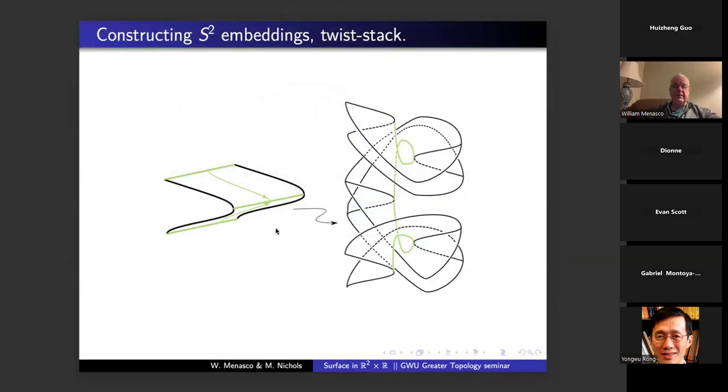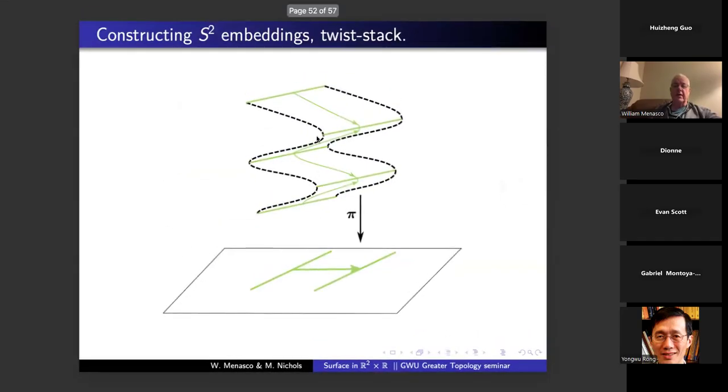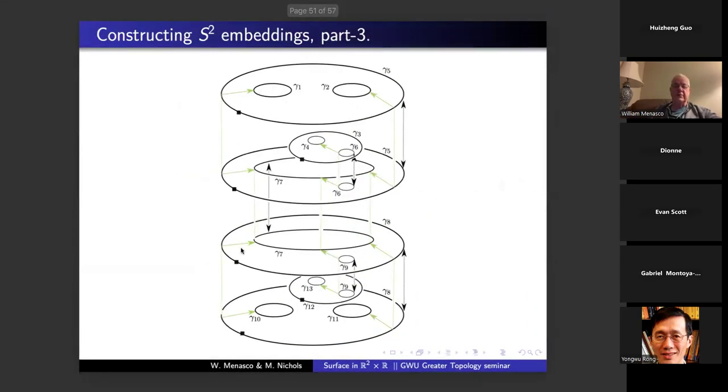So you've got this stack. It's an accordion type thing. You cut it along here and you twist the entire thing. And over each arrow, so for each set of arrows here, there's a stack of arrows here, there's a stack of arrows here, there's a stack of arrows here.